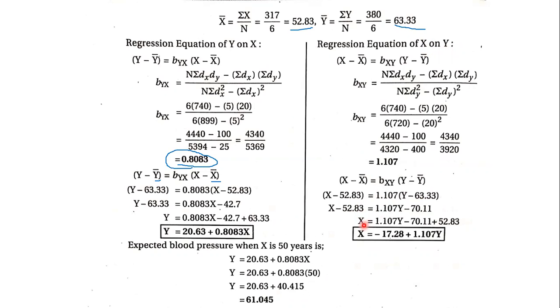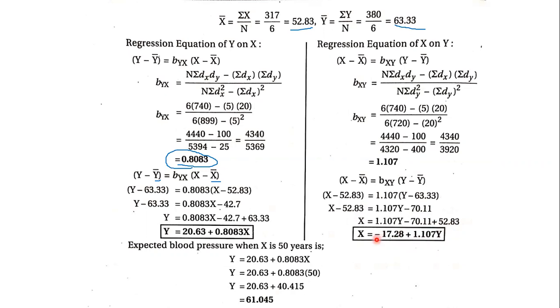will be on one side and take all the numbers to the other side. So minus 52.83 will become plus 52.83. Now, if you add minus 70.11 and 52.83, you will have minus 17.28 plus 1.107y.